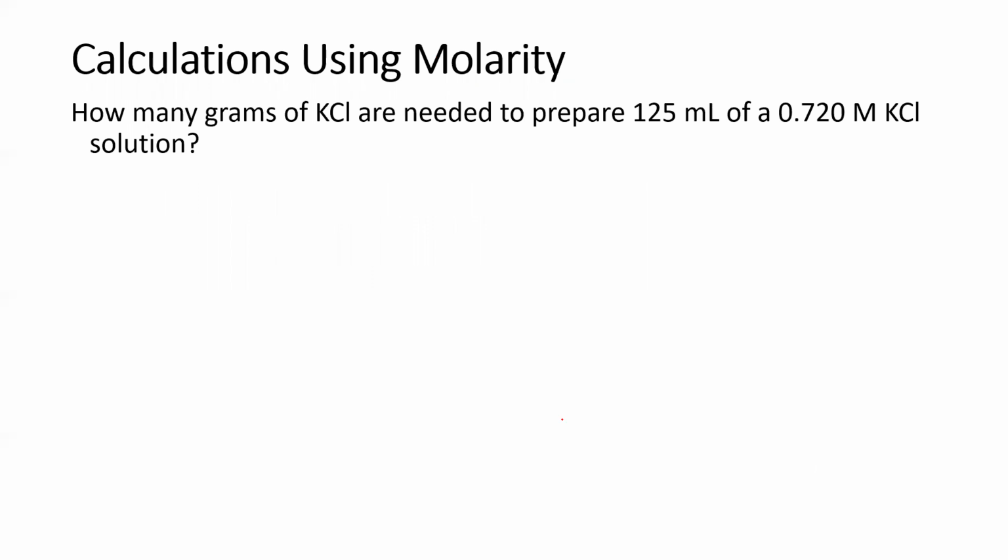So how many grams of potassium chloride are needed to prepare 125 mLs of a 0.720 molar potassium chloride solution? So what do I want? I want grams of potassium chloride. What am I given? Well, this is where students don't like solution chemistry.